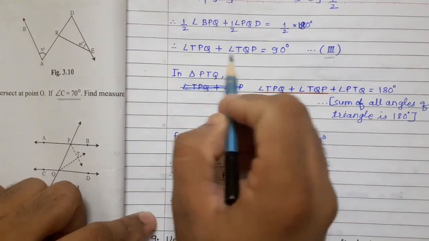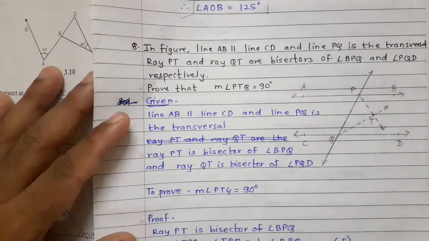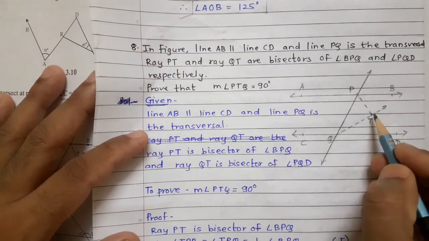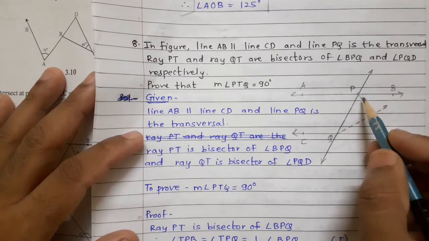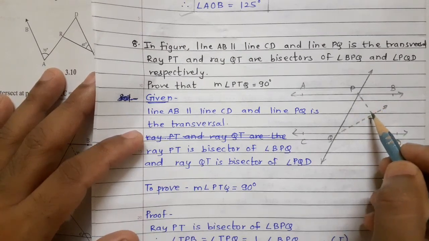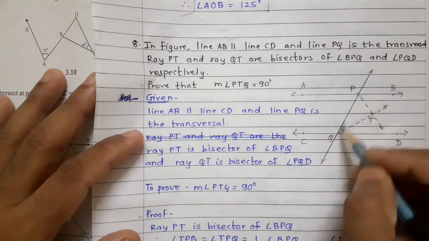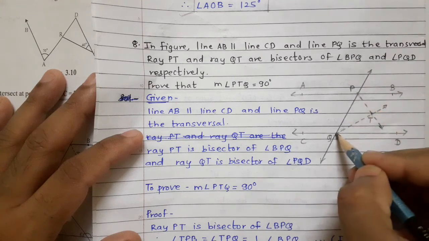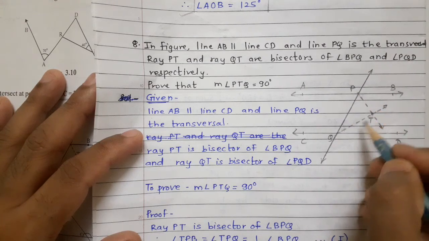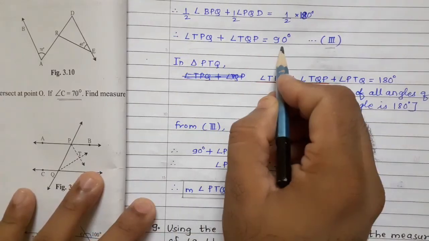Now we have triangle PTQ, and we know that the sum of all angles of a triangle is 180 degrees.